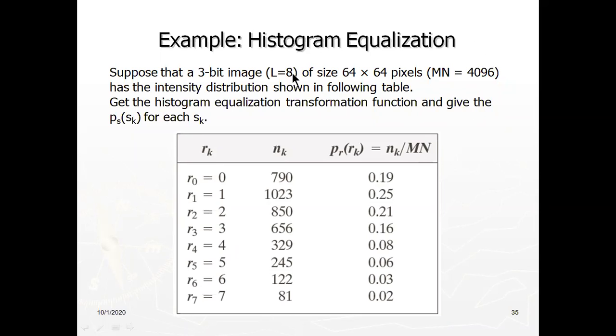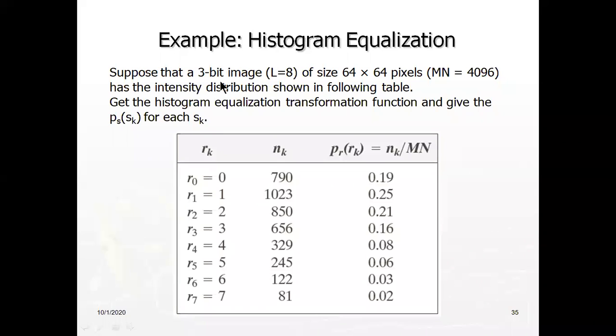Now this L equal to 8 gives us 0 to 7. If we have a 4-bit image, then L will be 16, so we'll have r_0 till r_15.